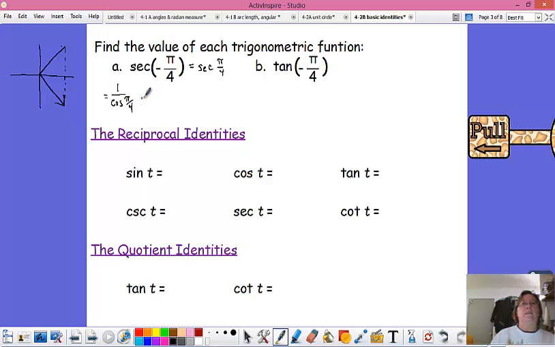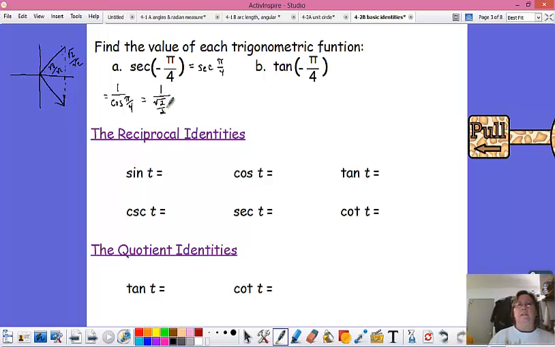Now, this may look convoluted to you, but if we're at pi fourths, that's 45 degrees. So this angle and this are equal. And both of these pieces are root 2 over 2. The one we want is the x one, root 2 over 2. So let's see. 1 over, and the cosine of pi fourths is root 2 over 2.